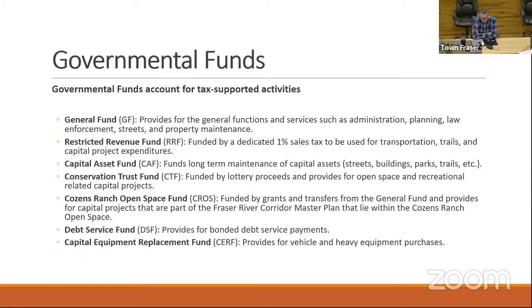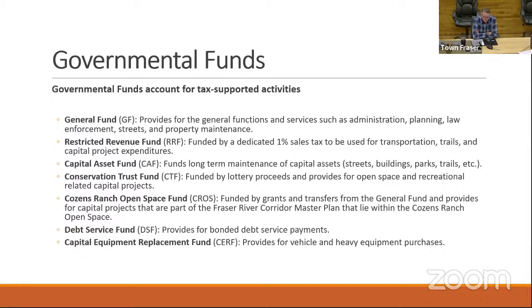We track this restricted revenue fund separate from the general fund and other funds as well. Our capital asset fund is for long-term maintenance of capital assets, for example, streets, buildings, parks, and trails, and so forth. This fund is primarily funded through transfers from the general fund.